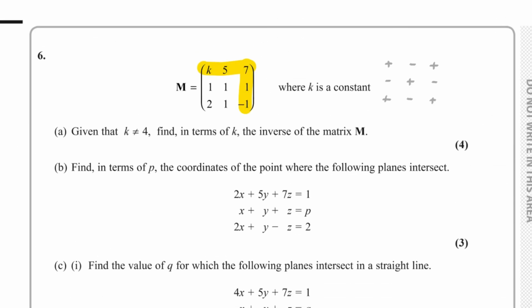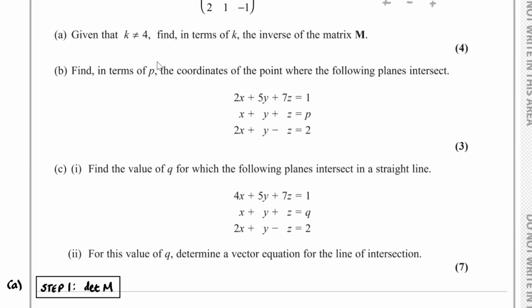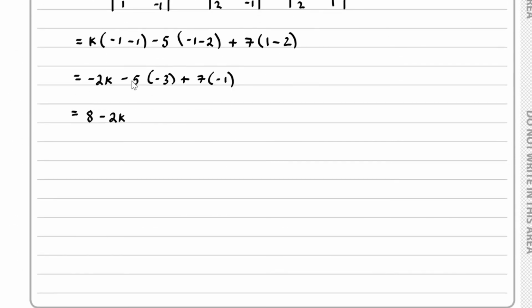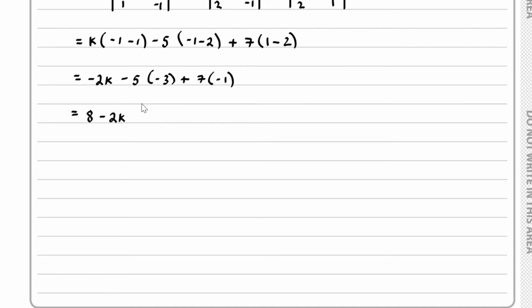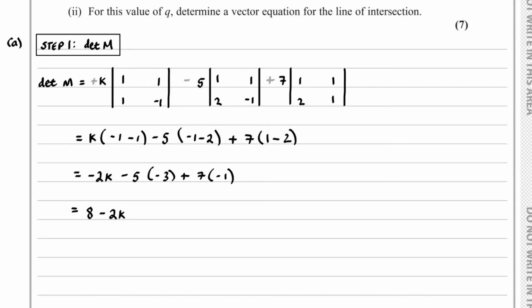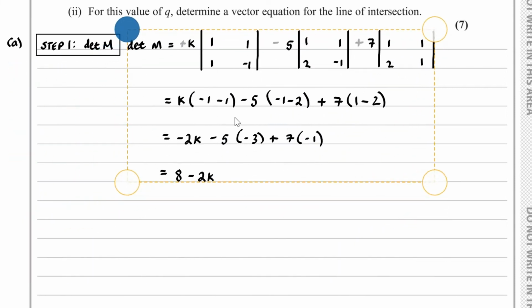So that's what we do for the first step. For the second step, we have to find the matrix of the minors, and this is quite a lengthy process. So let's just move all of this over here just to save ourselves a bit of room.